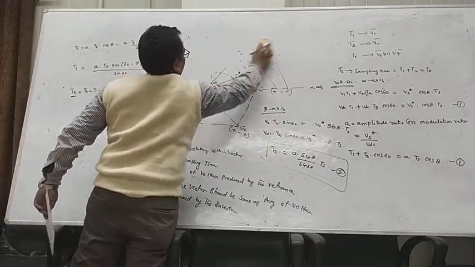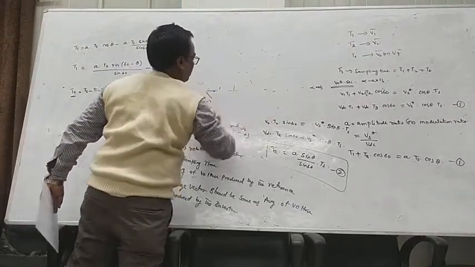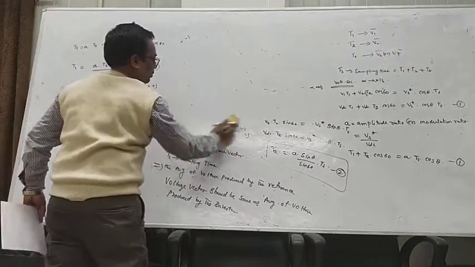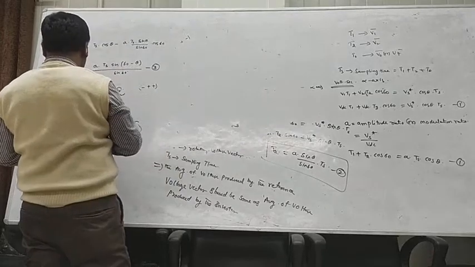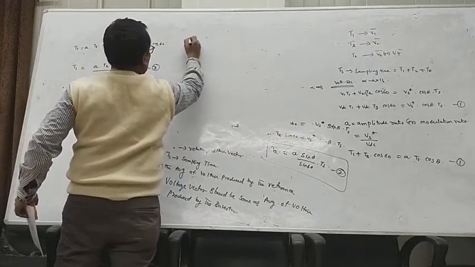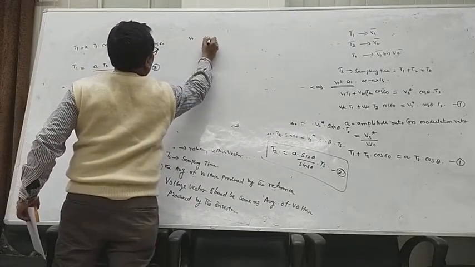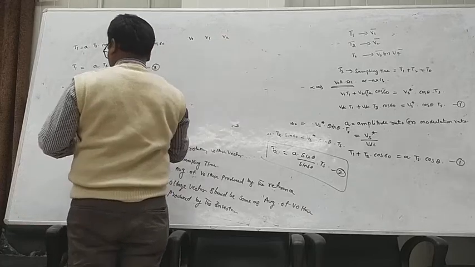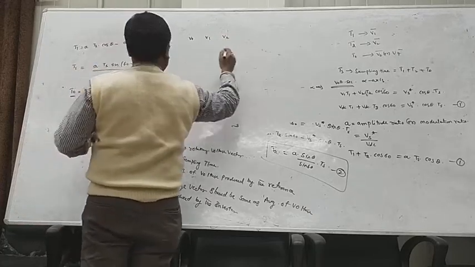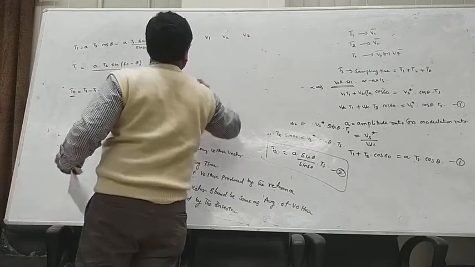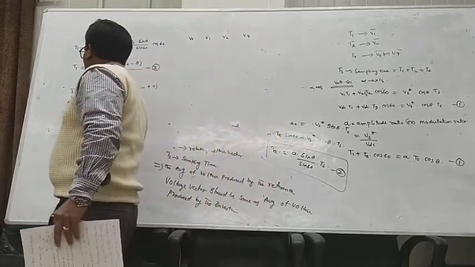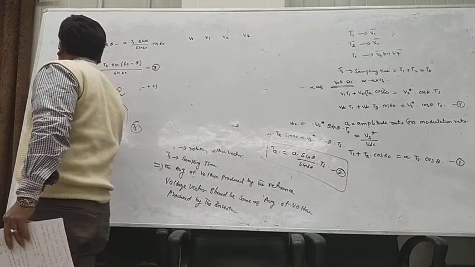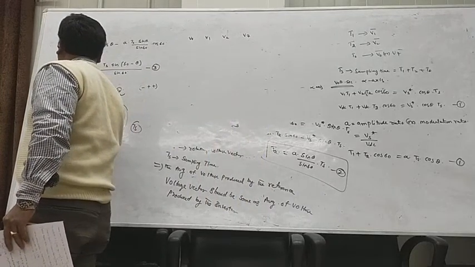Let us see the sequence V0, V1, V2 and V7. I am dividing this T0 into two components, T0 by 2 and T0 by 2.